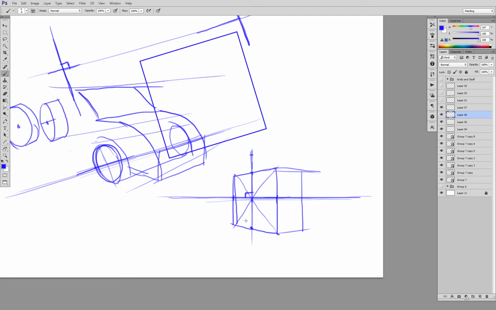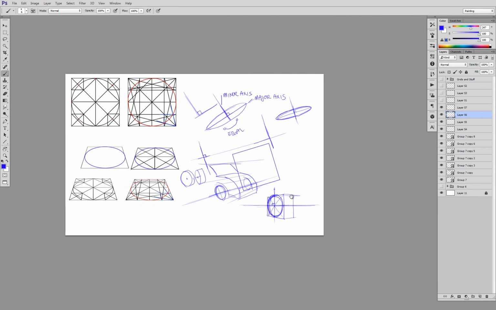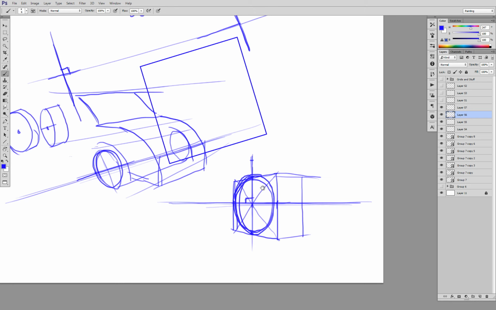And the trick then is just to make sure that I've got all of those issues happening, and make sure that it fits.